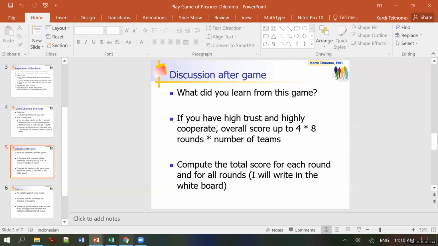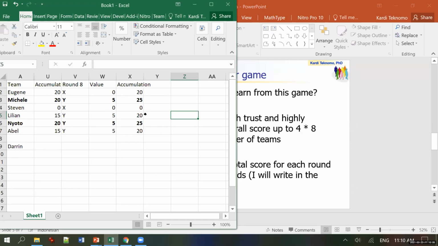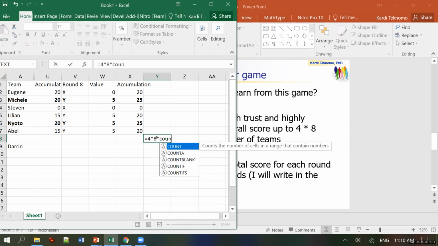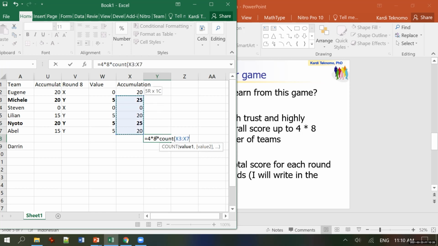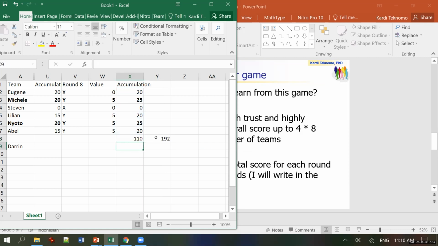So in this case, how many of you are there? The ideal is 4 times 8 times the count of you, so the overall score is supposed to be 192, but the real score is only 110. So I will say this class score is actually 57% of the ideal, right? Can you see it?